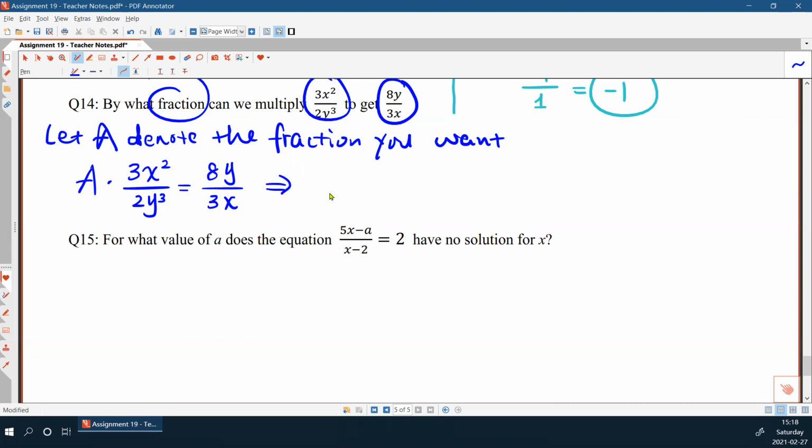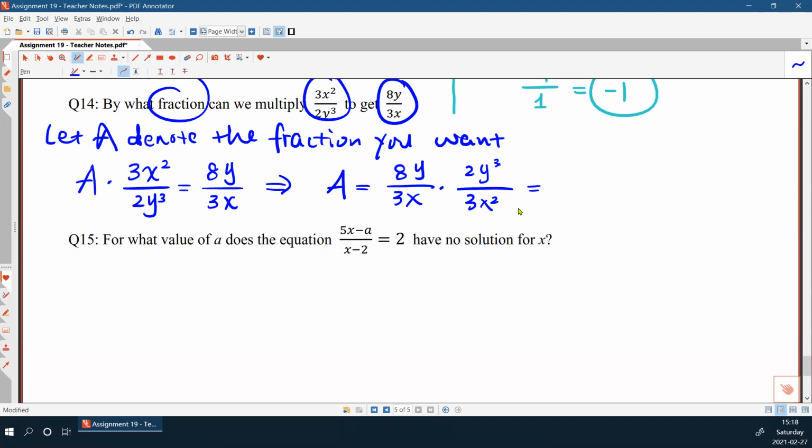So you want to solve for A. A is actually 8y over 3x, divided by 3x squared over 2y cubed, which is equivalent to multiplying by the reciprocal of this expression, which is 2y cubed over 3x squared.